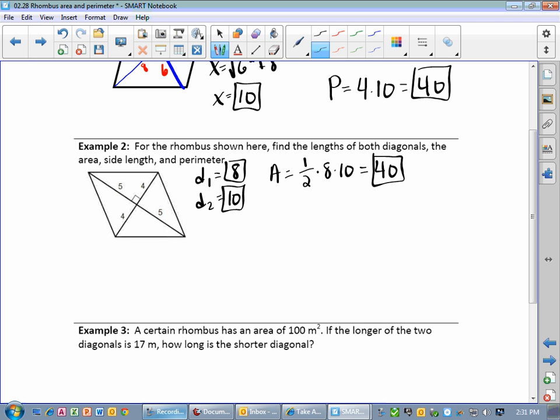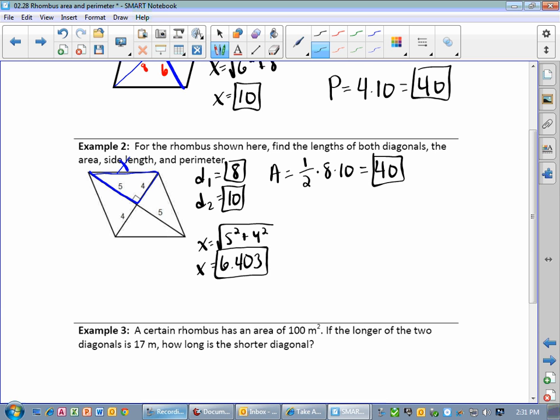To find the side length, we have to again recognize that we have a right triangle. If I call that x, which you can call whatever you want, x will be the square root of 5 squared plus 4 squared, right? We're looking for the hypotenuse. That's 6.4, and 0.03 more decimals: 6.403.